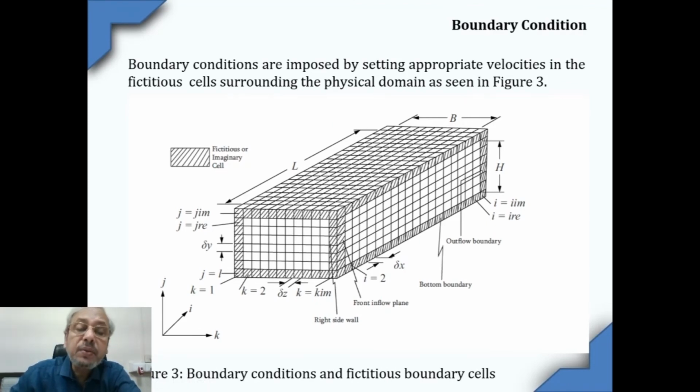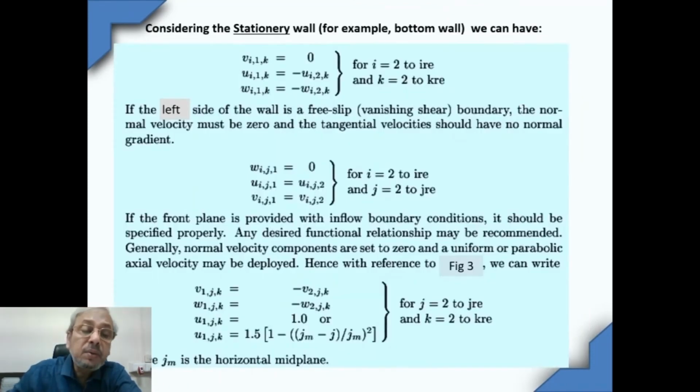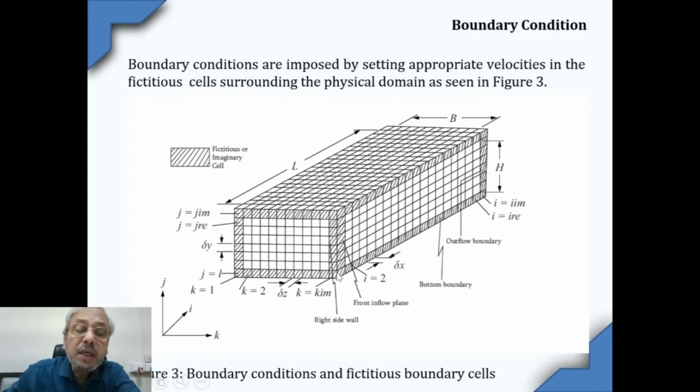Like if we want to set up a parabolic velocity profile, what we have done is, v velocity we have set to 0. Basically, you can see v1 jk equal to minus v2 jk, here j equal to 2 to jre and k equal to 2 to kre on any I plane.